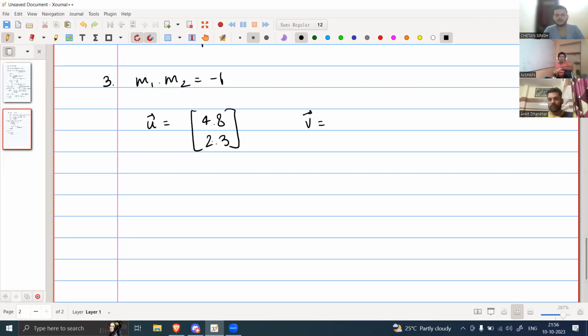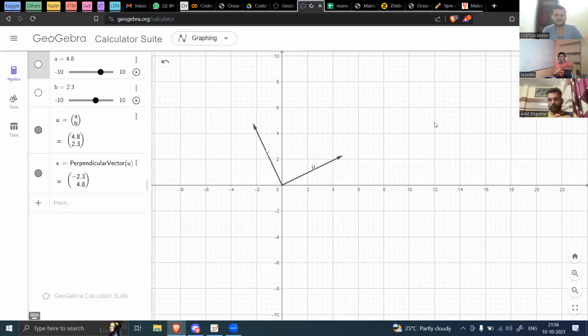What happens to the slope for 1 comma 0 and 0 comma 1? Okay, good question. Can we just look at the graph once again? Let's take it to 1 comma 0.